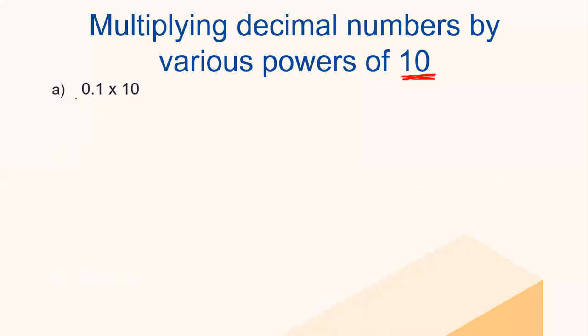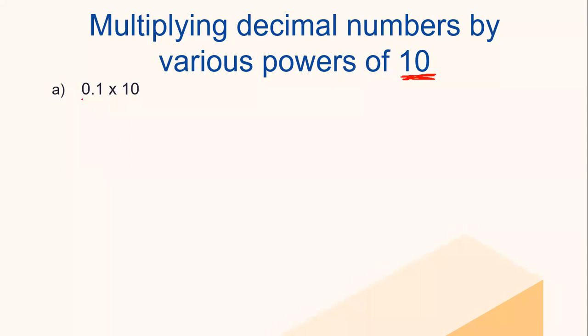What is the product when you multiply 0.1 by 10? Anybody know it? So look here. To solve this type of question, first you should know that whenever you multiply a decimal number by 10, your result will always be greater.